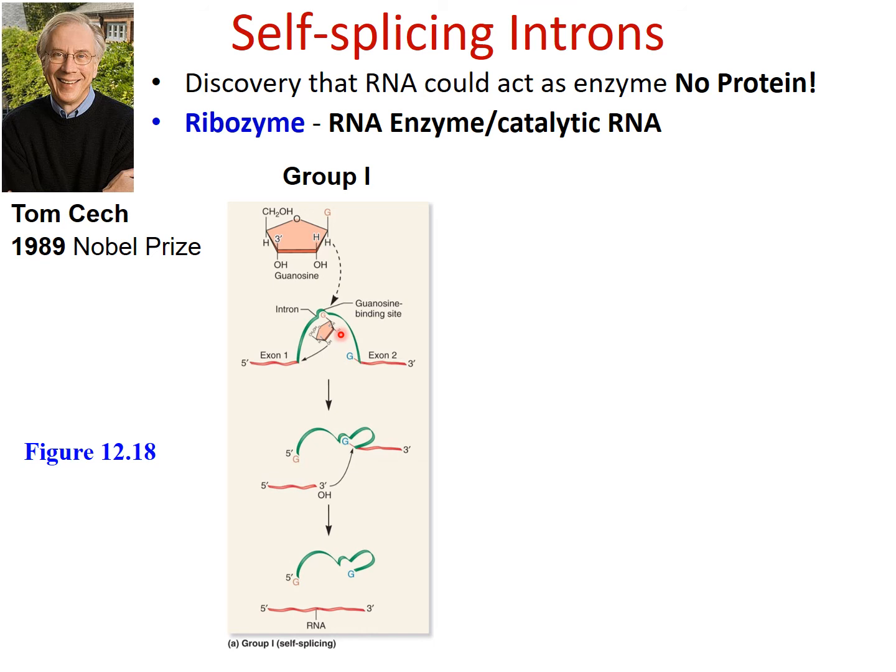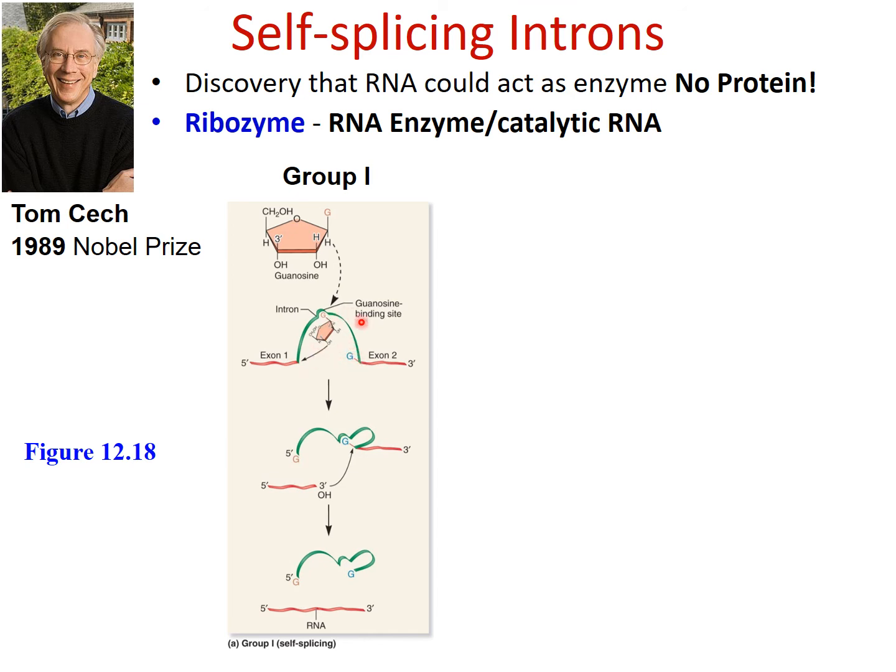We'll talk about translation in another lecture, but we've all seen different protein structures that are involved in catalyzing reactions. So the RNA folds up into a structure through various intramolecular base pairing interactions, and it will form an enzymatic structure that can catalyze the breakage of bonds and resealing of bonds.